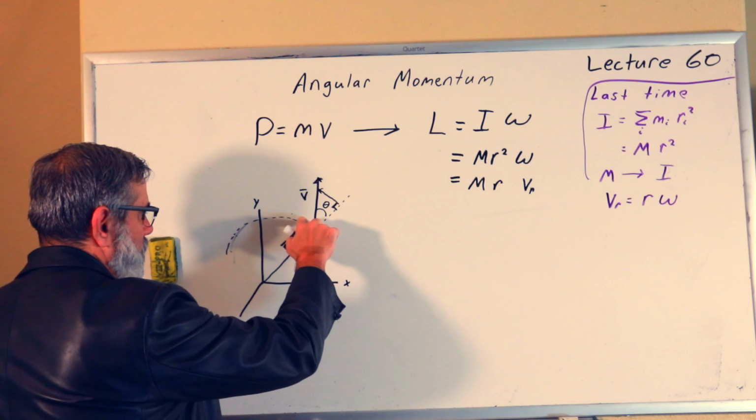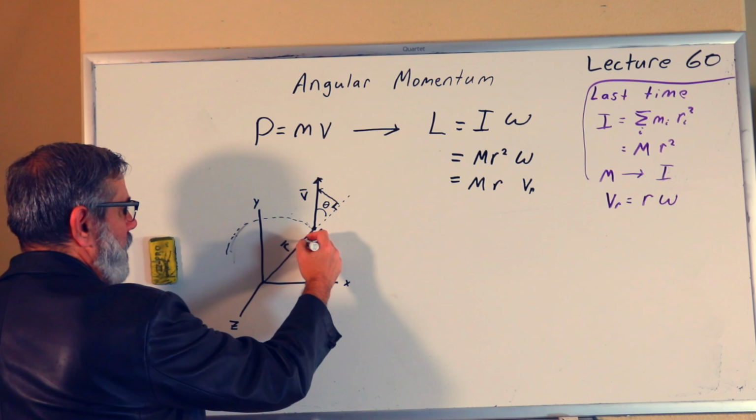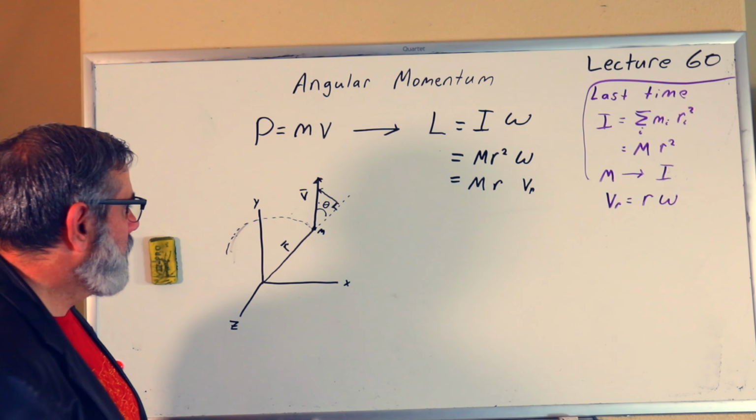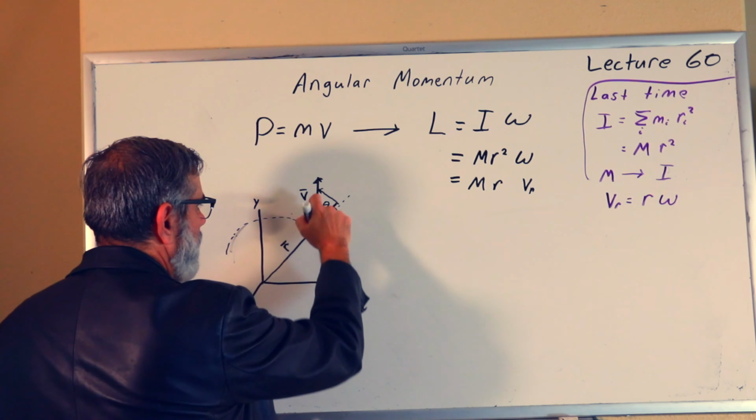I'm actually going to erase it so it doesn't get too cluttered. So the angle between the radial vector and the velocity vector, theta, right? Which trig function do I need to multiply by in order to get this? I want V sub t equals the magnitude of V times either the sine or the cosine to give me this component over here.